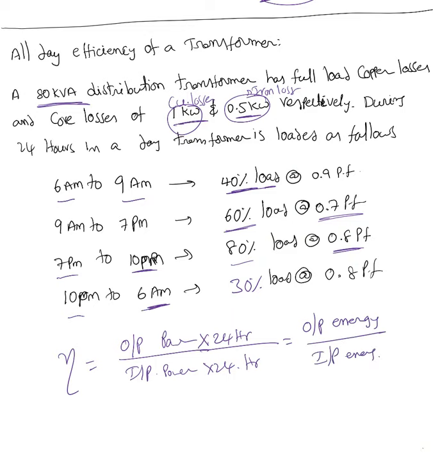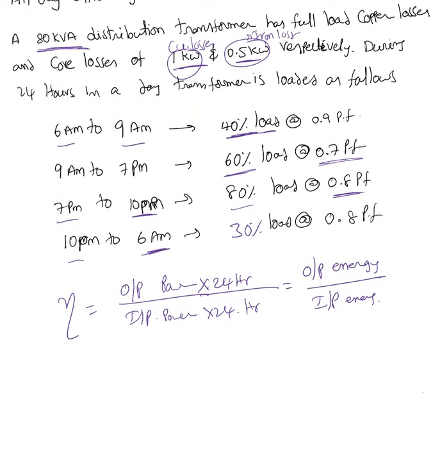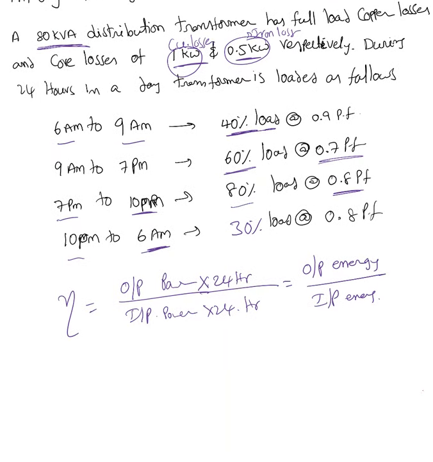Now what is the output energy? So the output energy equals 80 kVA times 0.4 times 0.9.